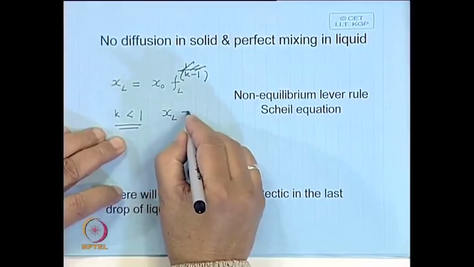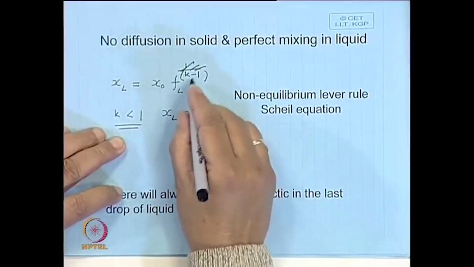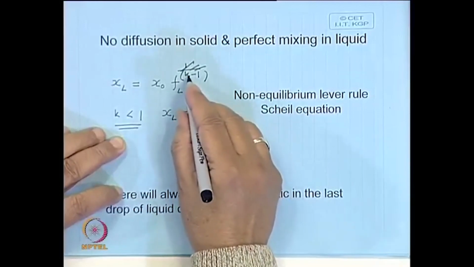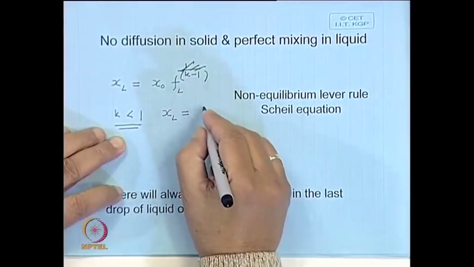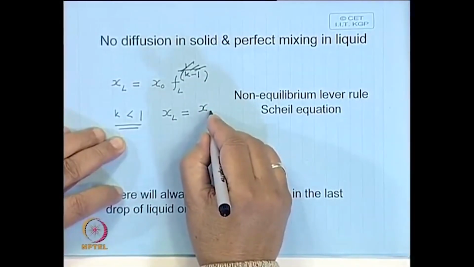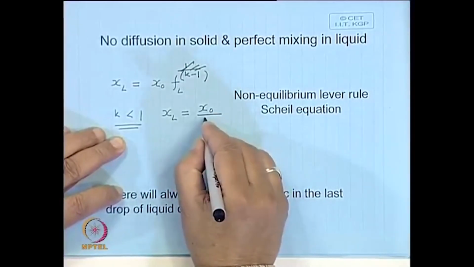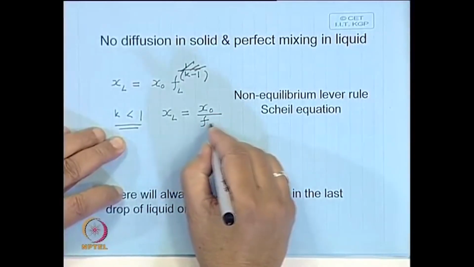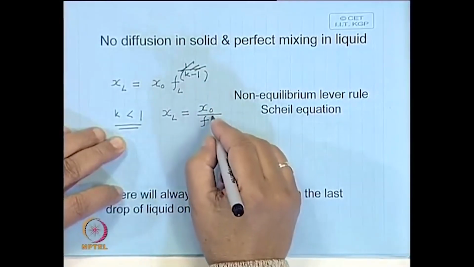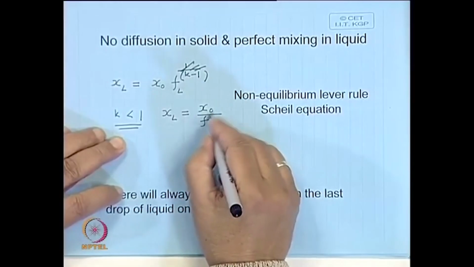So, x L is equal to, say, suppose k is... so if this is equal to x 0 to the power k minus 1, which is less than 1. So, this will have some power. So, suppose this is, let us say, 0.5.